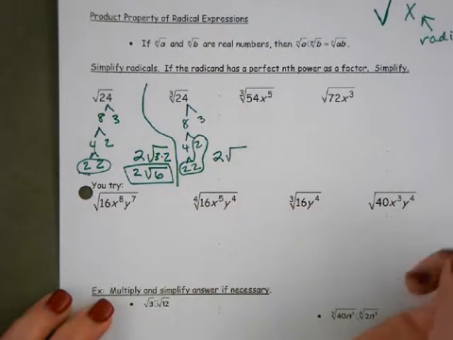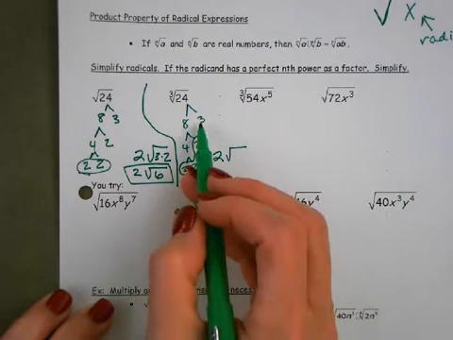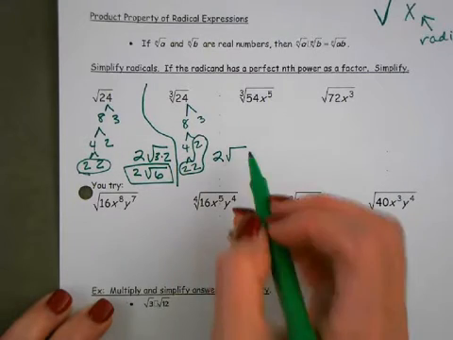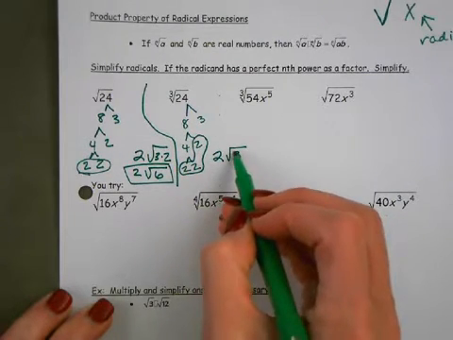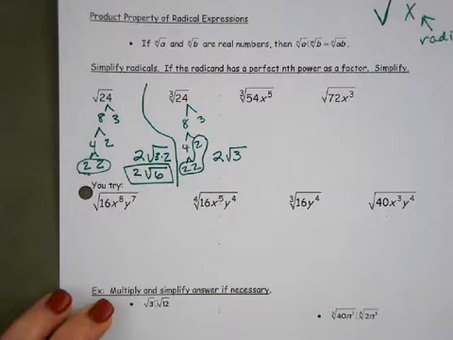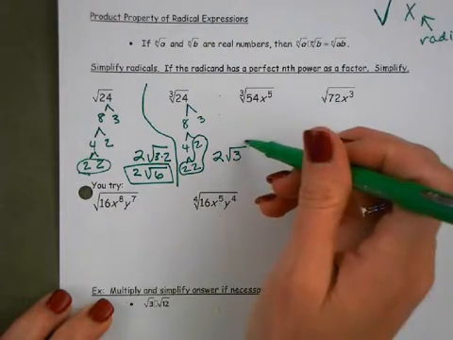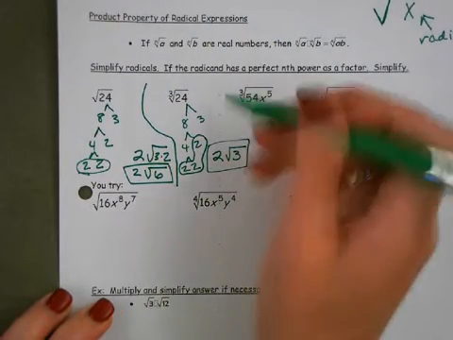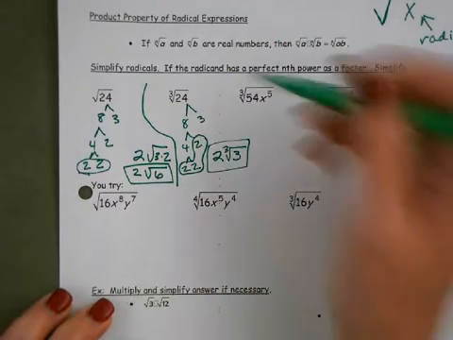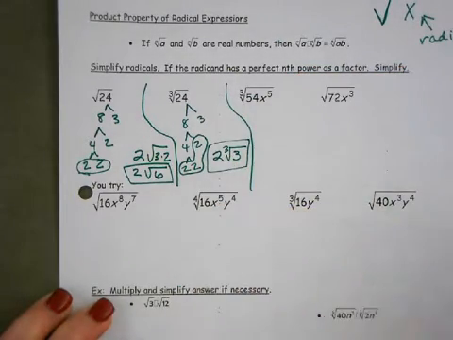I still have my radical sign here. I'm left with a 3 by itself, so that remains underneath the radical sign. And that becomes my answer: 2 square roots of 3. Oh, actually cube roots of 3. Don't forget to keep your index the same.